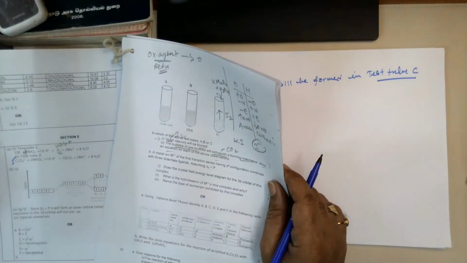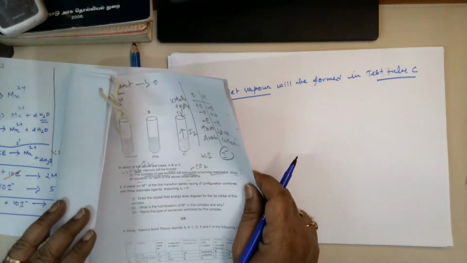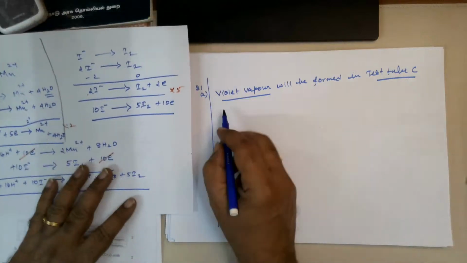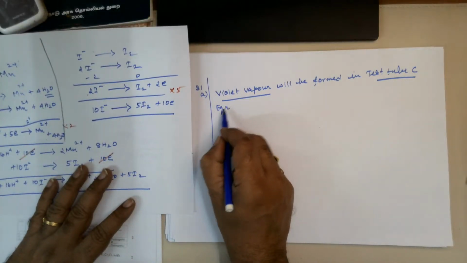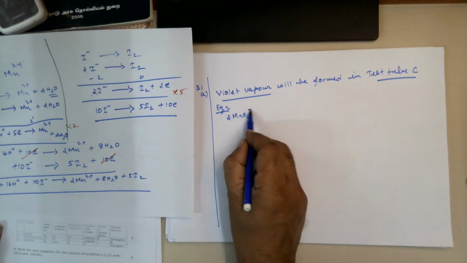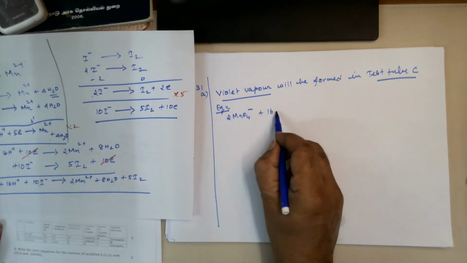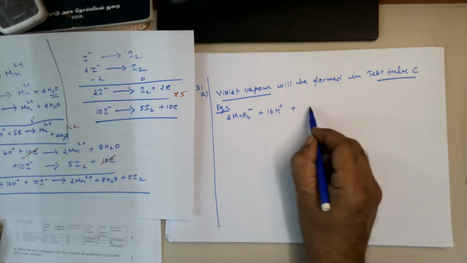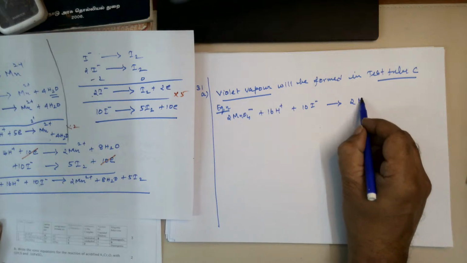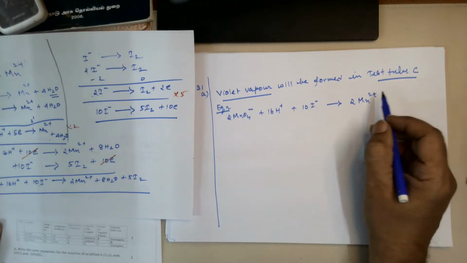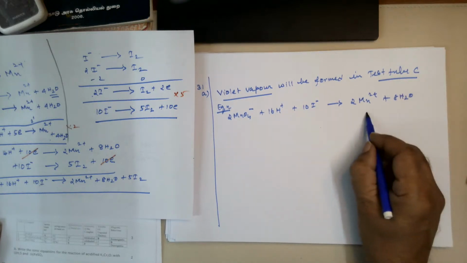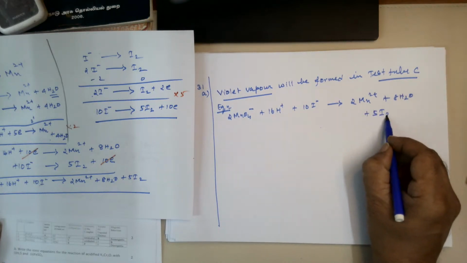Then what is asked? You have to establish the equation. So we have already done that very nicely. You can reproduce the equation. You can write down the equation. Balanced equation. What is that? 2MnO4 minus plus 16H plus 10I minus gives 2 manganese 2 plus 8H2O plus 5I2.